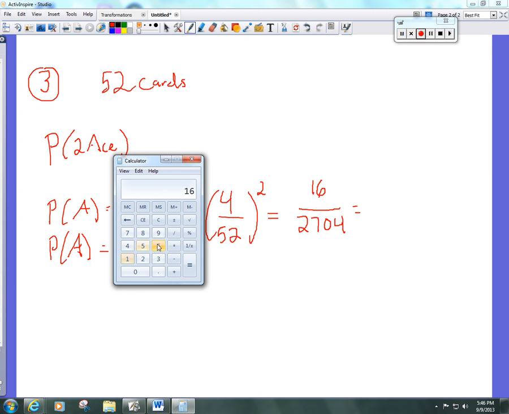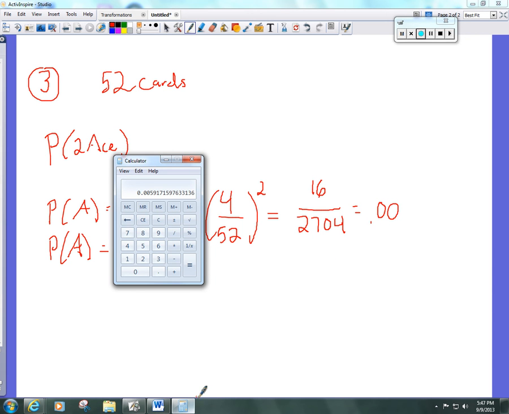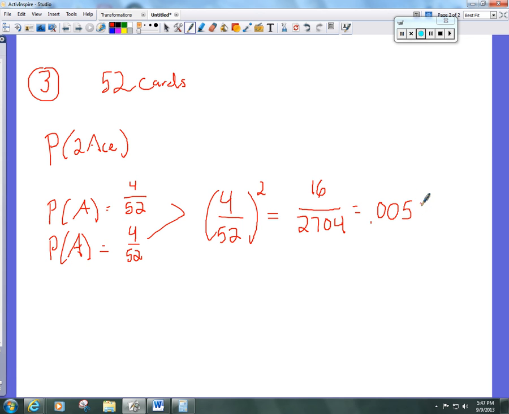So let's take 16 divided by 2,704, and I end up getting 0.005917. That's not my percent yet. To find my percentage, I can move over the decimal place 2 spots. So it's 0.5917%. So a little more than half a percent is your probability of drawing 2 aces.